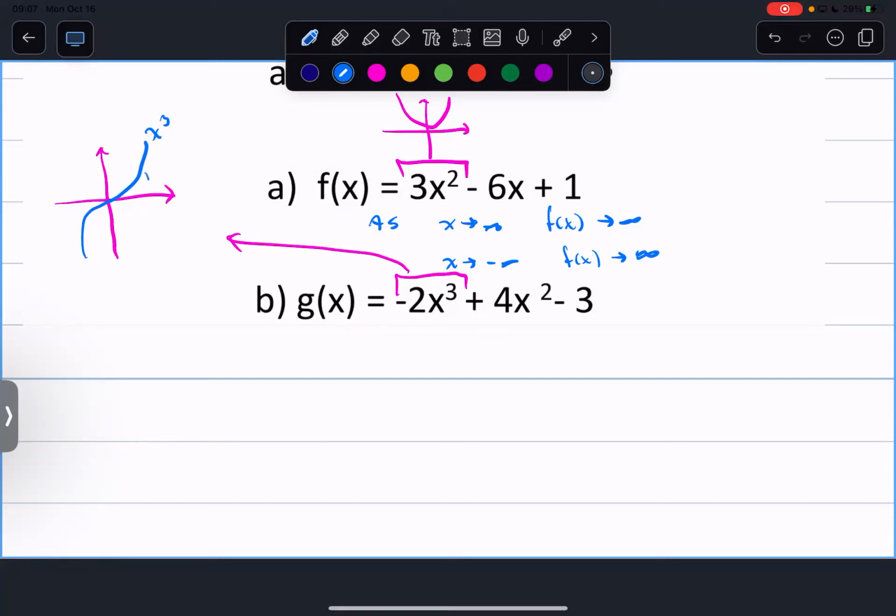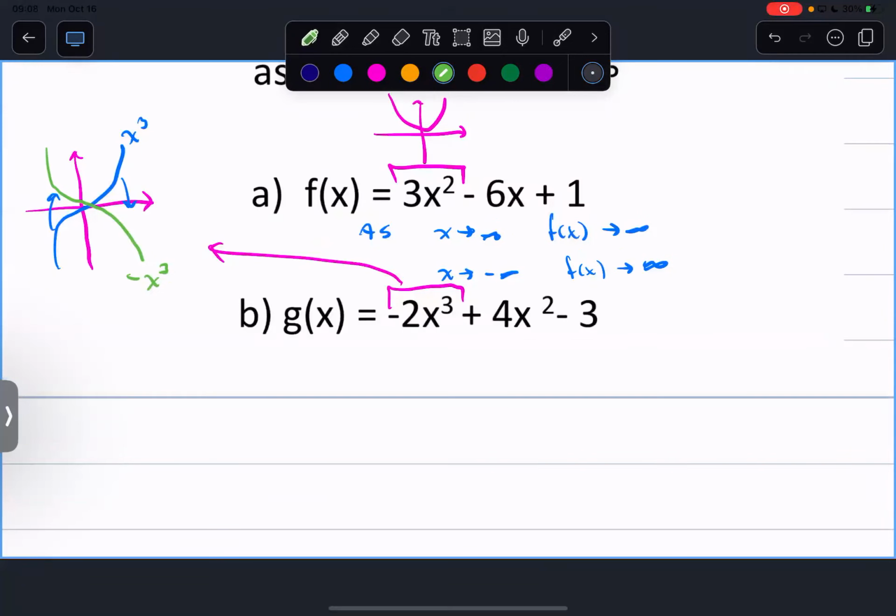And then I flip it on the x-axis, and I end up with something like that, right? And so here I have negative x to the 3. And the 2 just kind of makes it squishier.